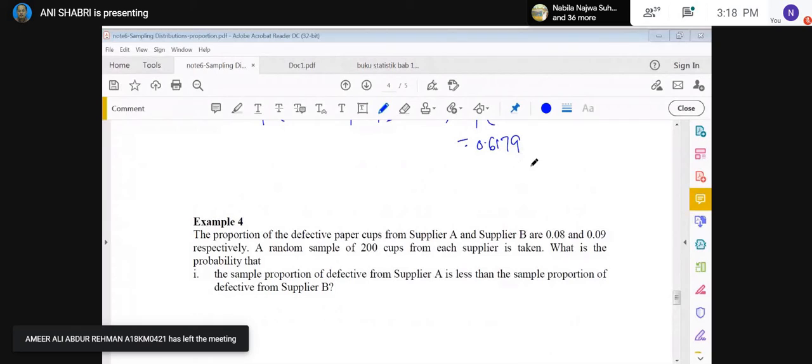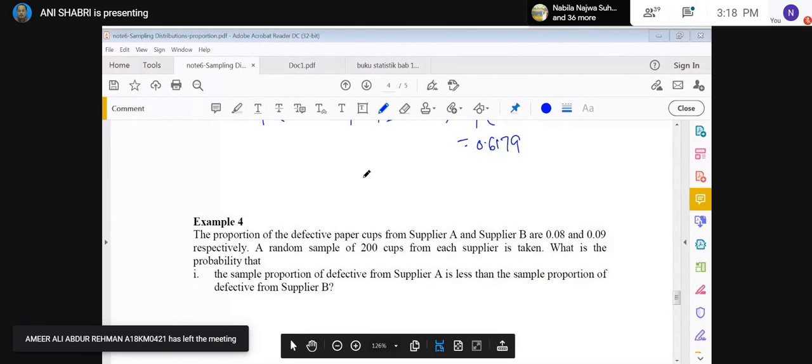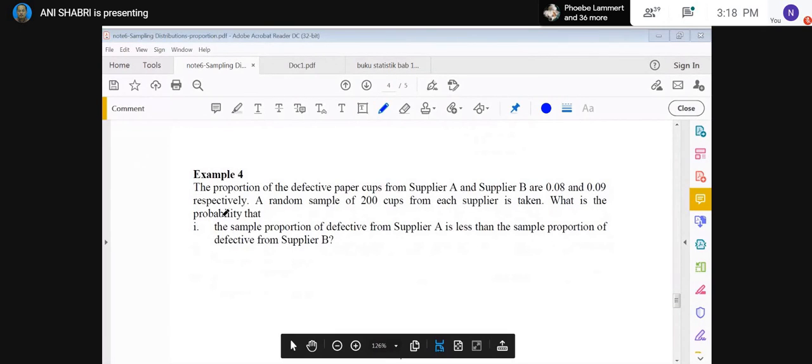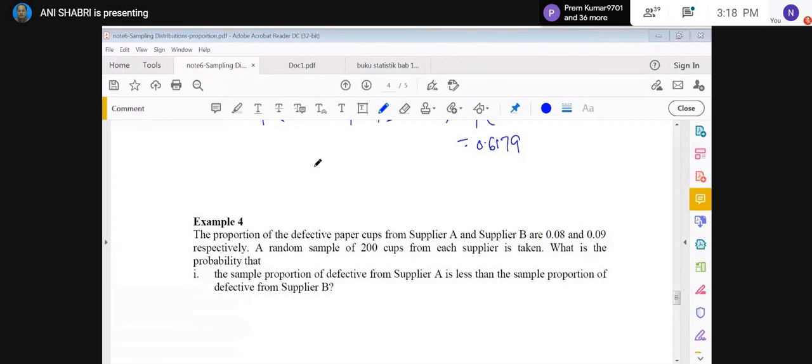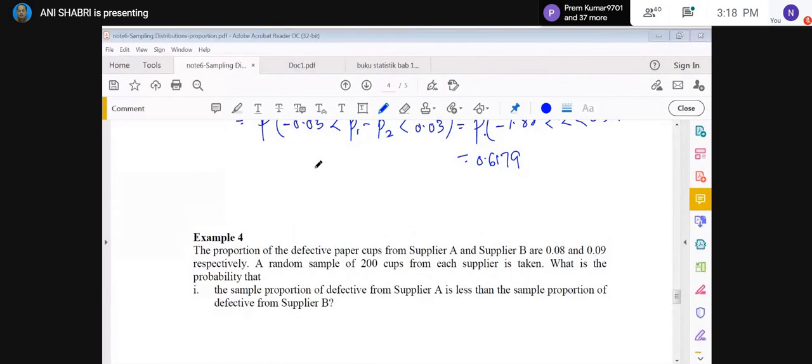Okay, and look at example 4. Okay, this is the last example. Example 4. The proportion of defective paper cup from supplier A and supplier B are 0.08 and 0.09.